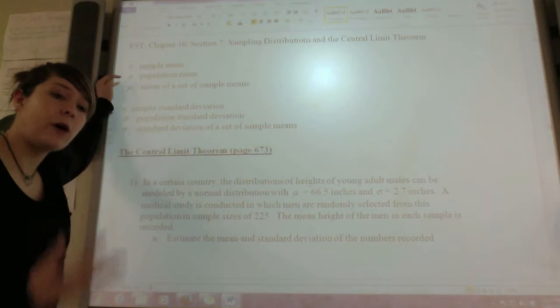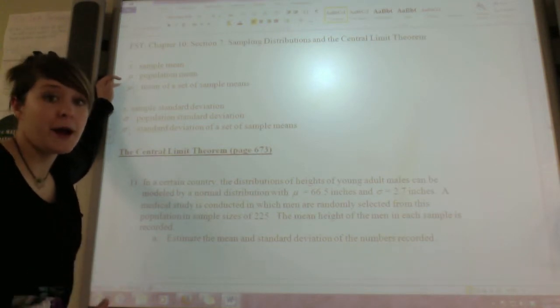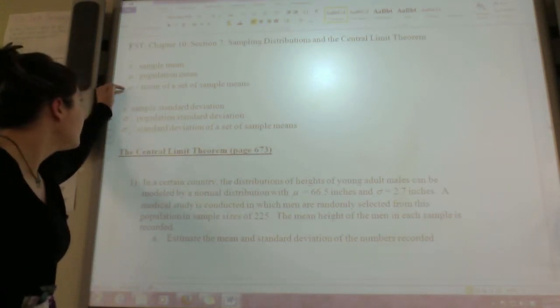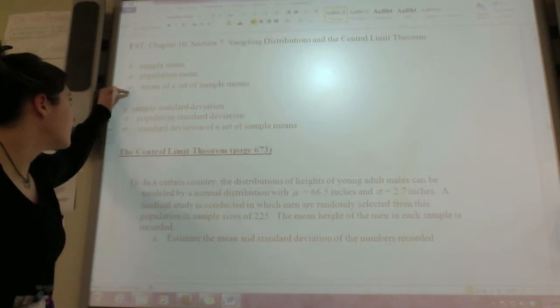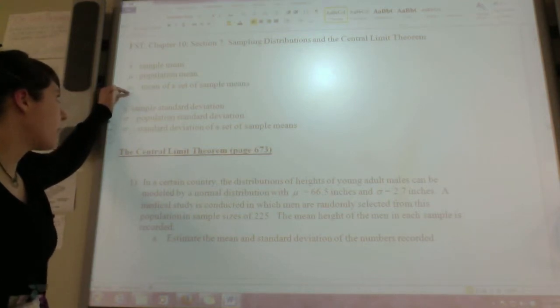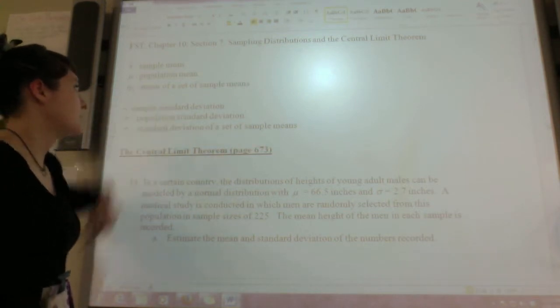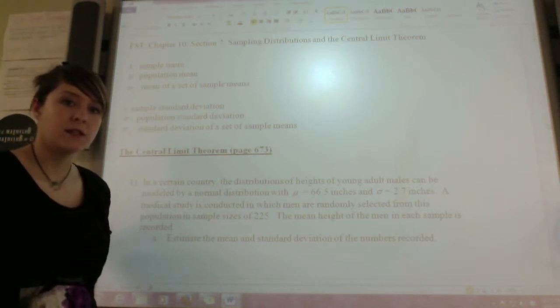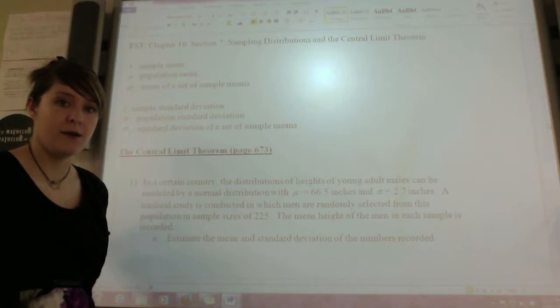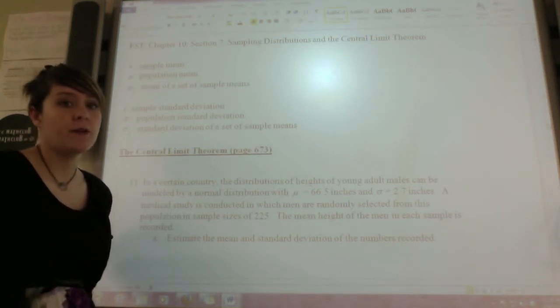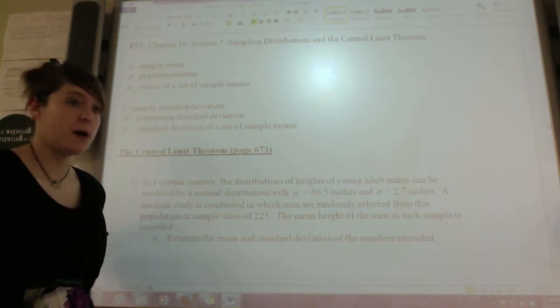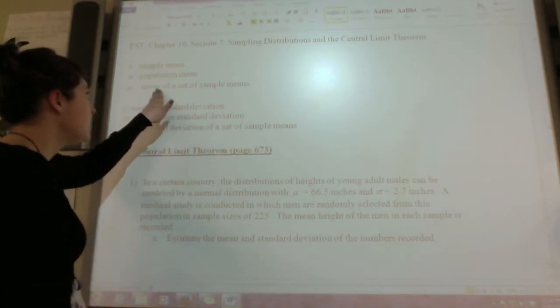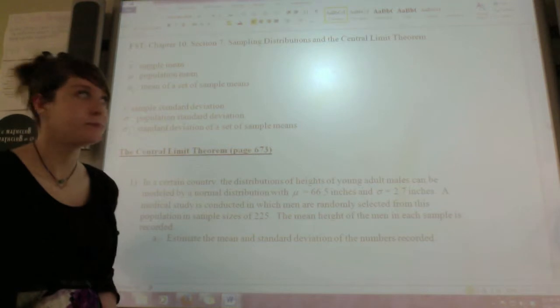So that's the overall mean if I'm looking at the entire population. And then mu sub X bar, that's the mean of a set of sample means. So what we actually found in that activity, that very last thing that we found, instead of calling it X bar like I did, what you should have done is called that mu sub X bar, because that's the mean of your sample means.